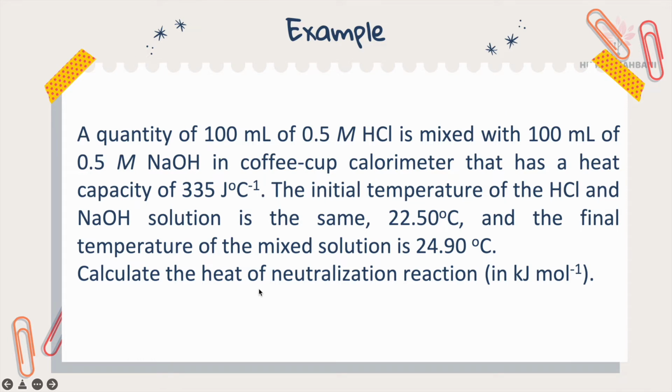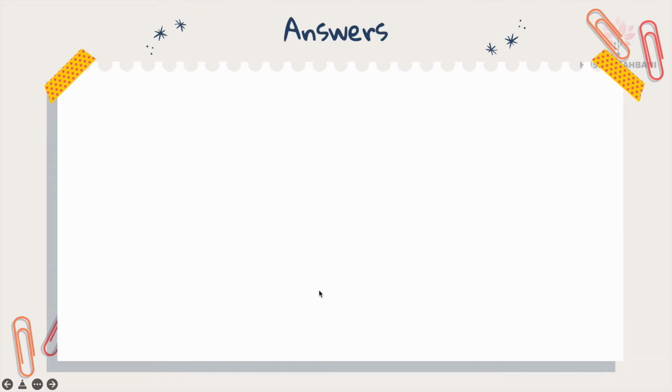That's the definition of heat of neutralization itself. We need to produce 1 mole of water. If the question doesn't ask for kilojoule per mole, you must still write in kilojoule per mole, because you need to understand that for heat of neutralization you need to calculate for 1 mole.